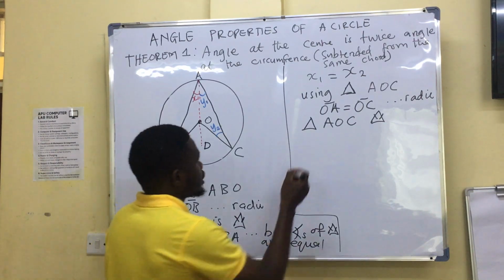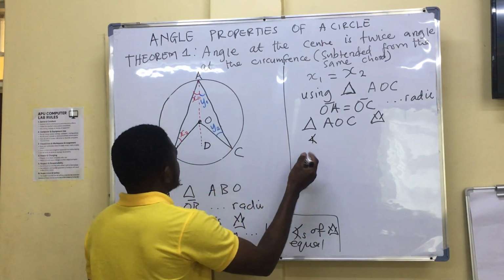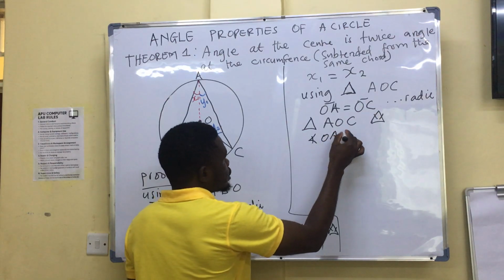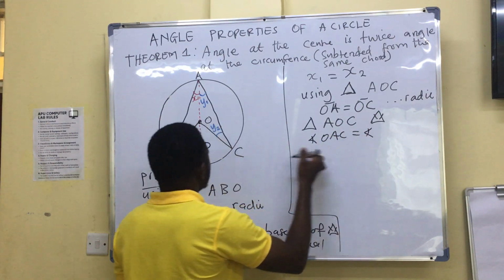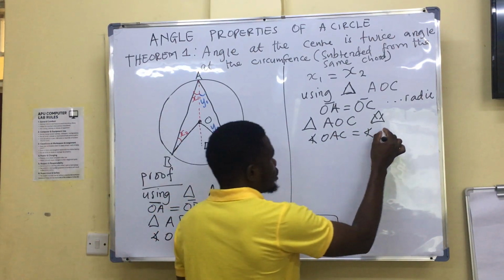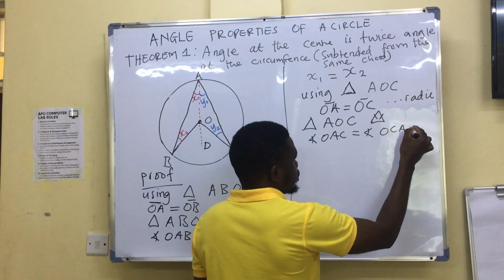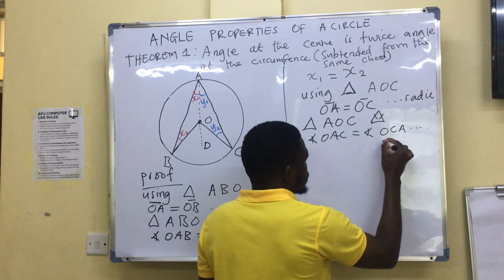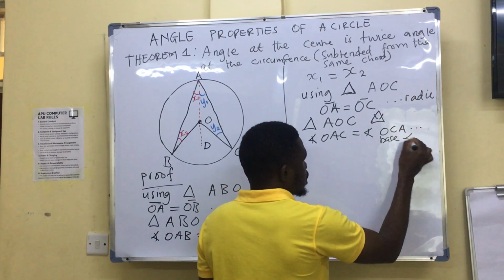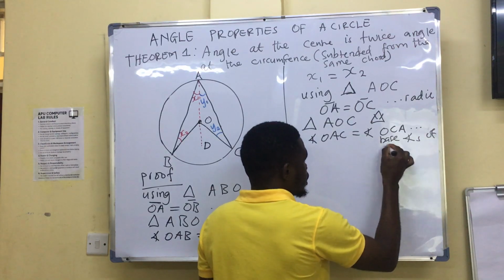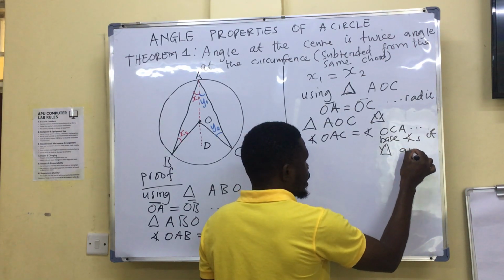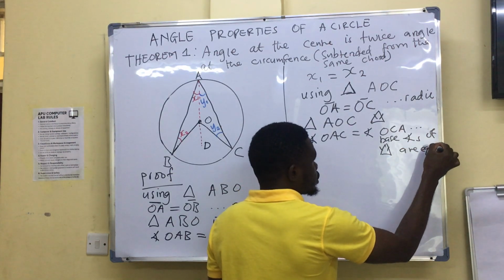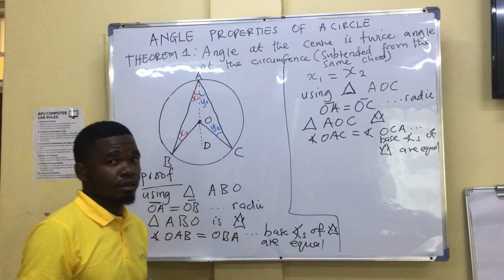Meaning that angle OAC is equal to angle what? OCA. Reason: base angles of an isosceles triangle are equal. I hope we are together.